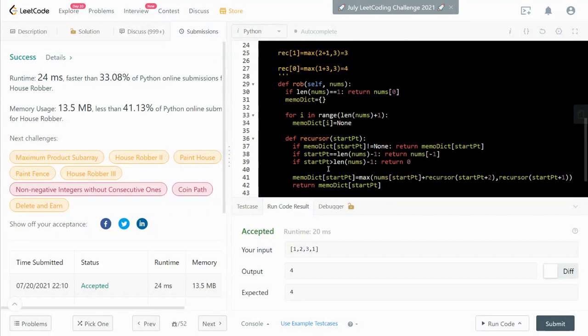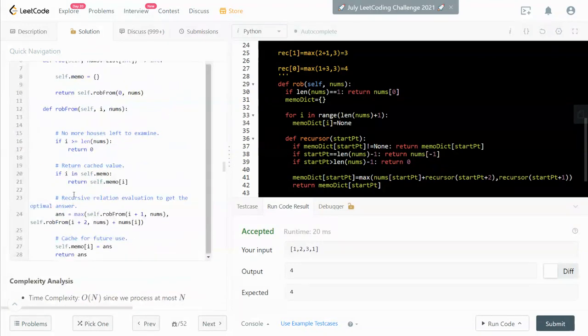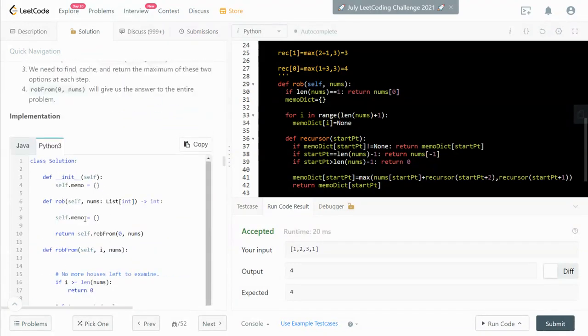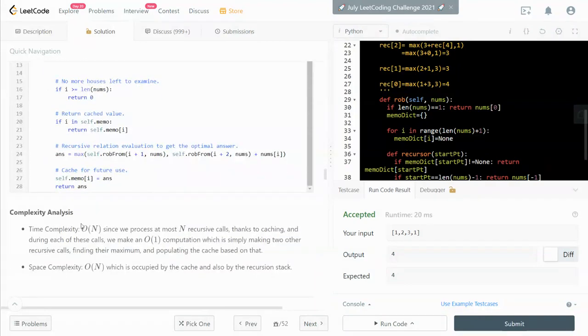So in terms of time complexity, I'm going to borrow that from the official solution. This is exactly the same idea as in the official solution, but the name of the variable is different. So the time complexity is big O of n, because we process at most n recursive calls due to the caching, and during each of the calls, we make a big O of 1 computation, which is simply making two other recursive calls and finding the maximum.